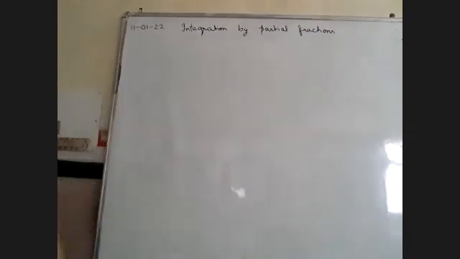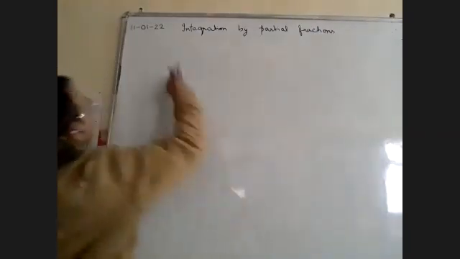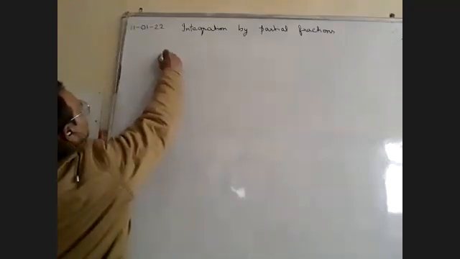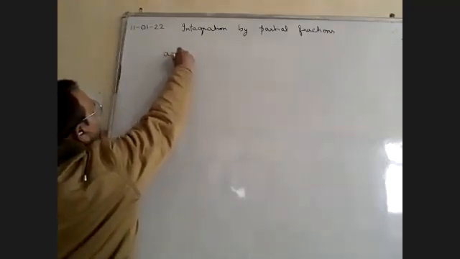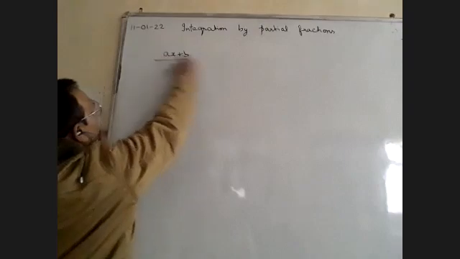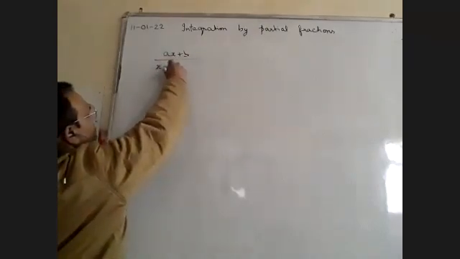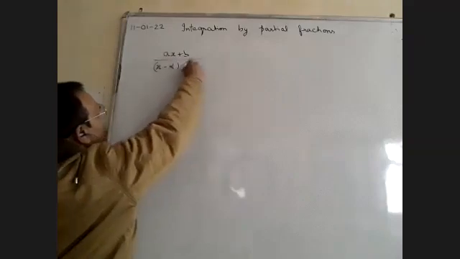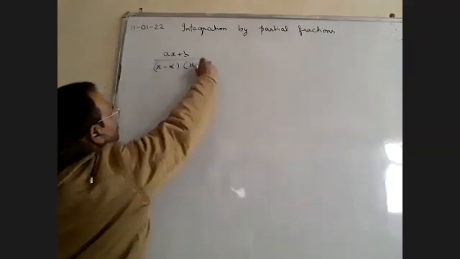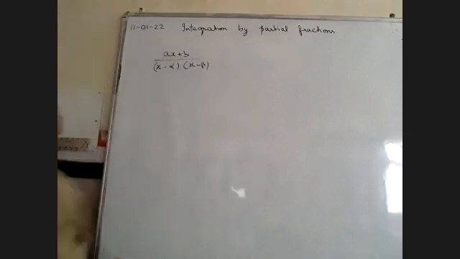If the algebraic expression has the form ax plus b, and the denominator is in the form of x minus alpha and x minus beta, it means the numerator has degree 1 and the denominator has degree 2. It is a proper fraction.